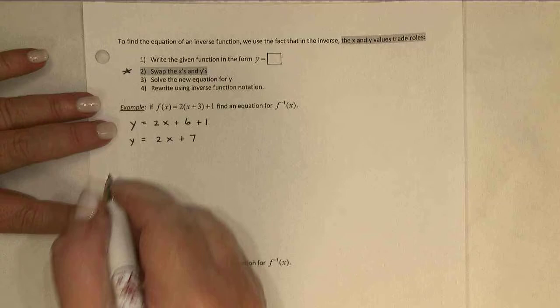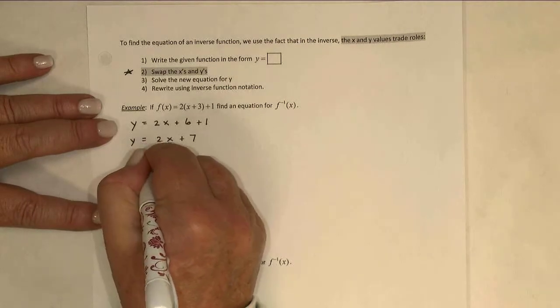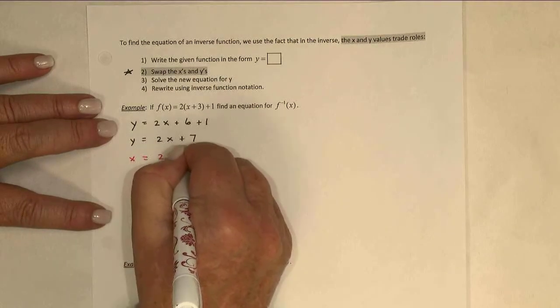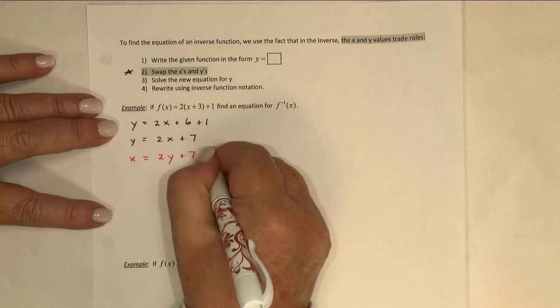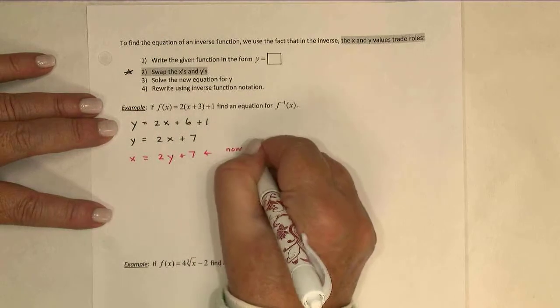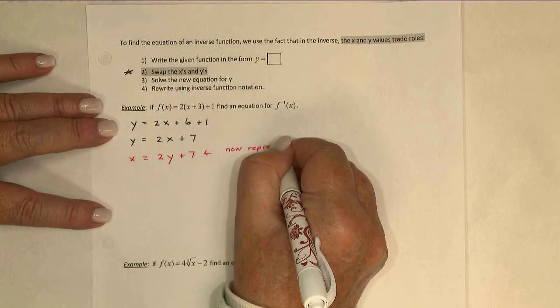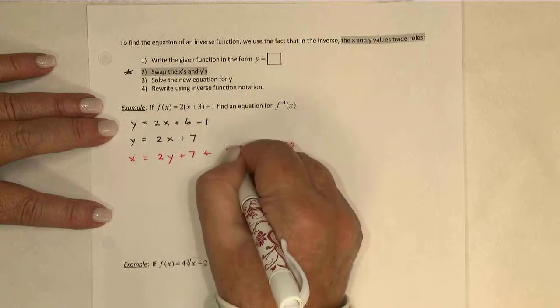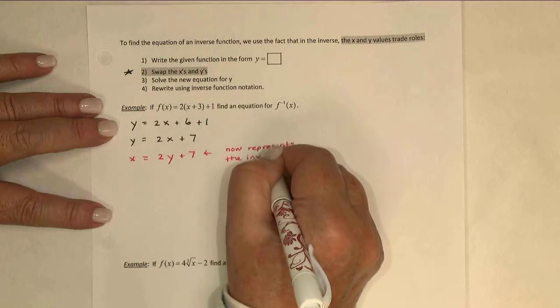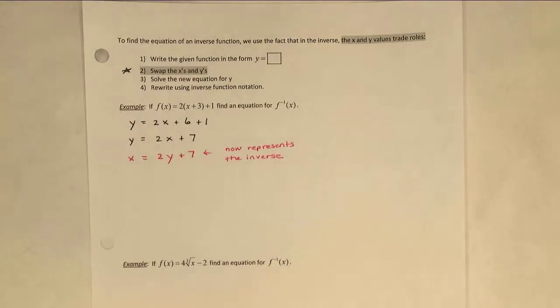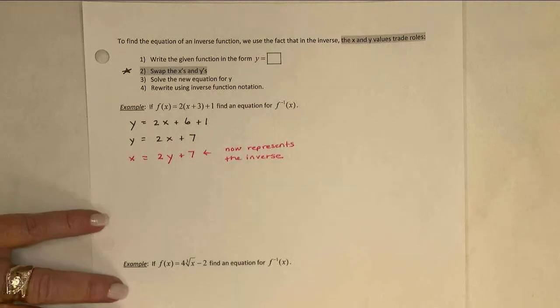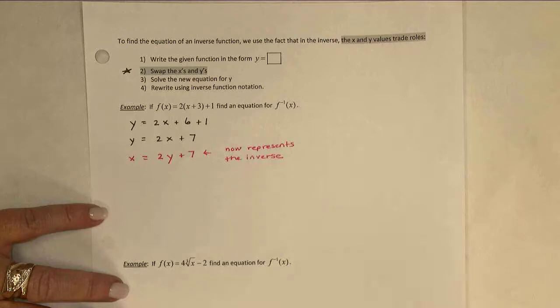I'm going to switch the x's and the y's. That equation is an equation for the inverse, but to write it using inverse function notation, it would need to be solved for y.